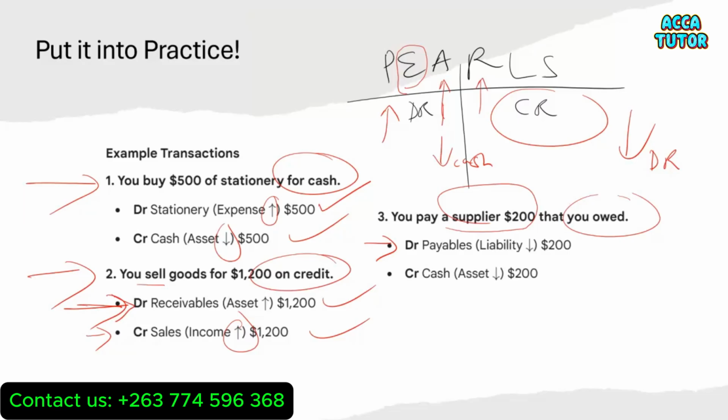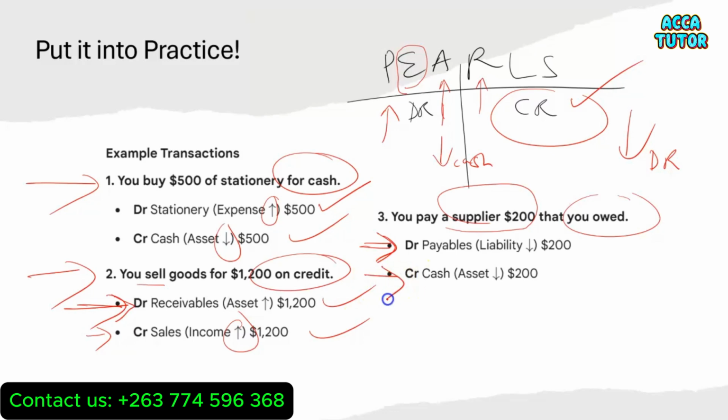They are credit suppliers. So this is why we are debiting a liability. Debiting a liability is reducing a liability. Why? Because by default, these guys are increased by crediting. Remember, they are increased by crediting. But when we are now reducing them, we need to debit them.